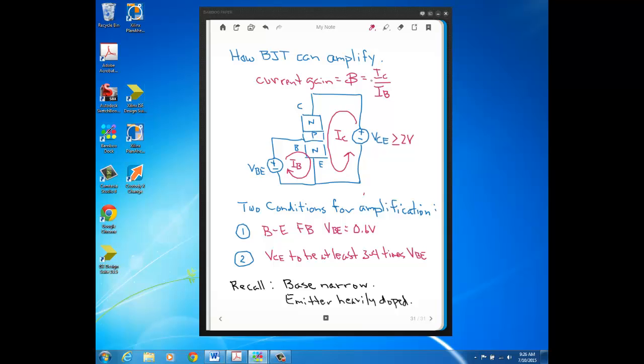And typically the current gain of a BJT being used as an amplifier is in the couple hundred to several hundred range. That's not uncommon.